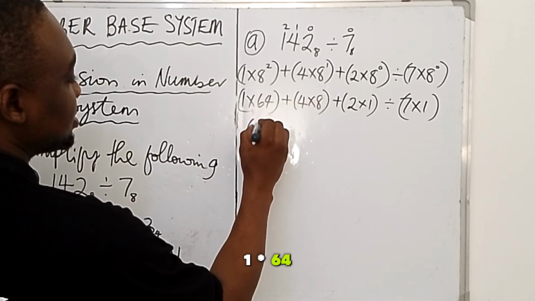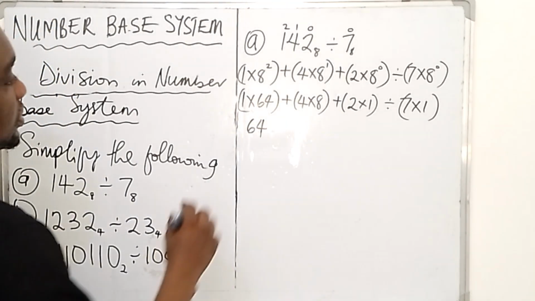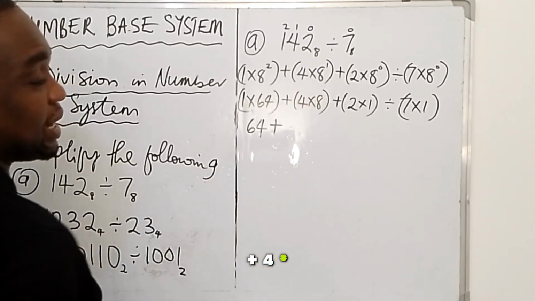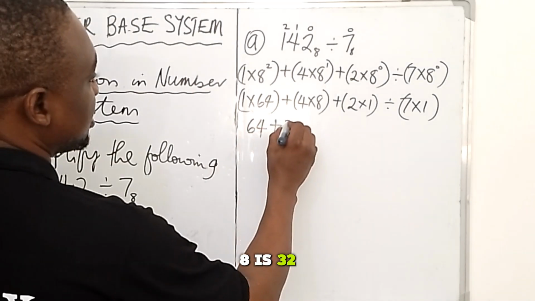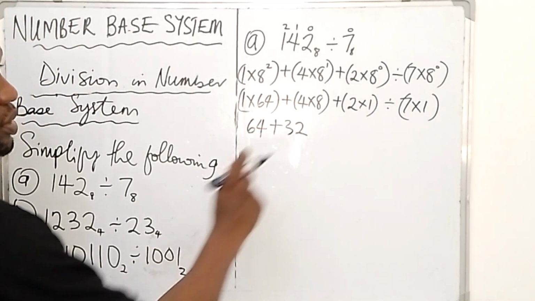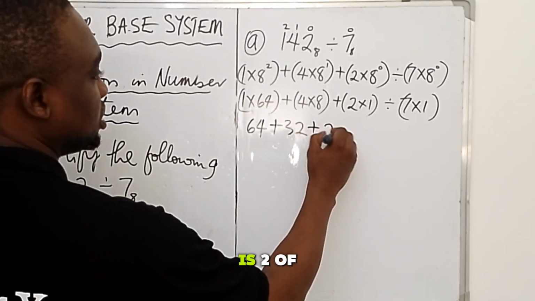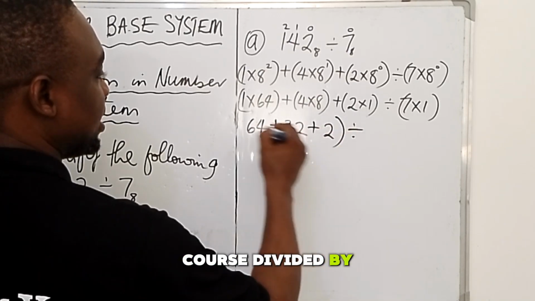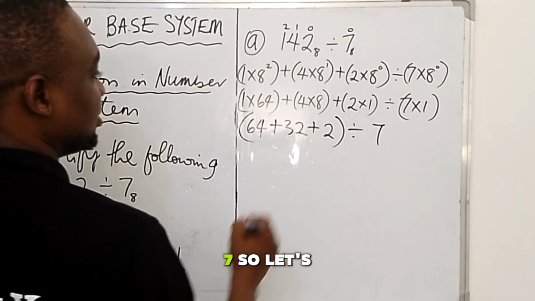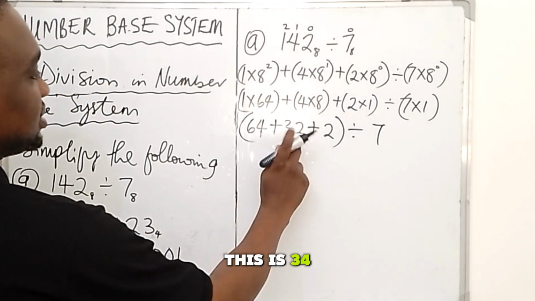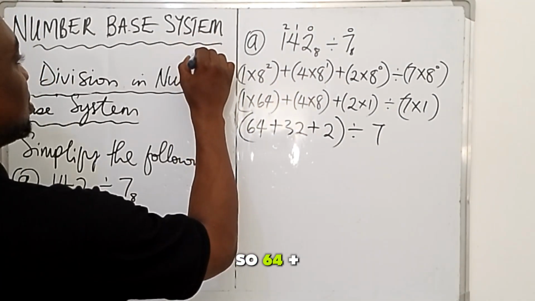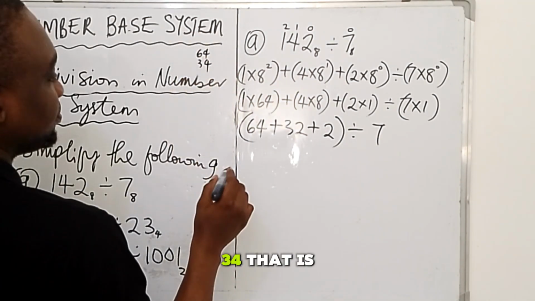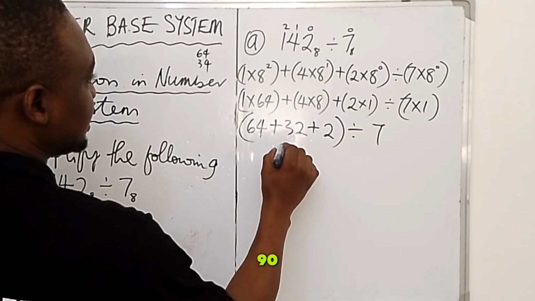1 times 64 is 64, plus 4 times 8 is 32, plus 2 times 1 is 2, of course, divided by 7. So this is 34, so 64 plus 34 is 98.